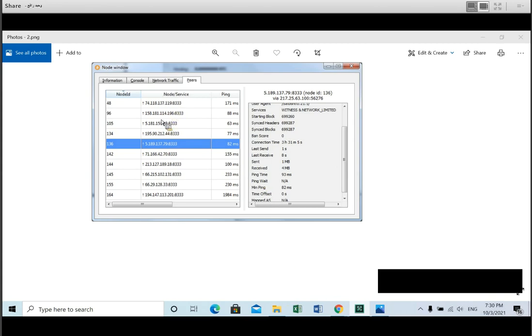As you can see, here are their IPs: 1, 2, 3, 4, 5, 6, 7, 8, 9, 10, exactly 10 nodes.